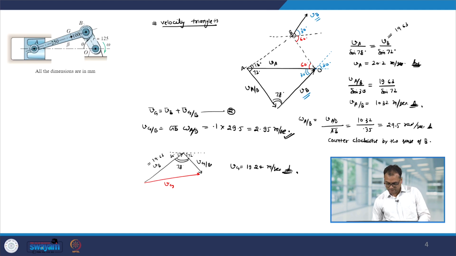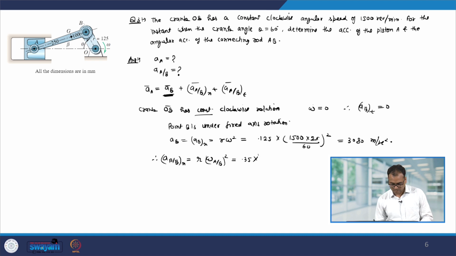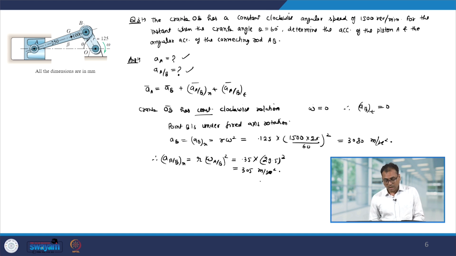So, omega AB was 29.5 radian per second. So, that will be 29.5 square, and this comes out to be 305 meter per second square.